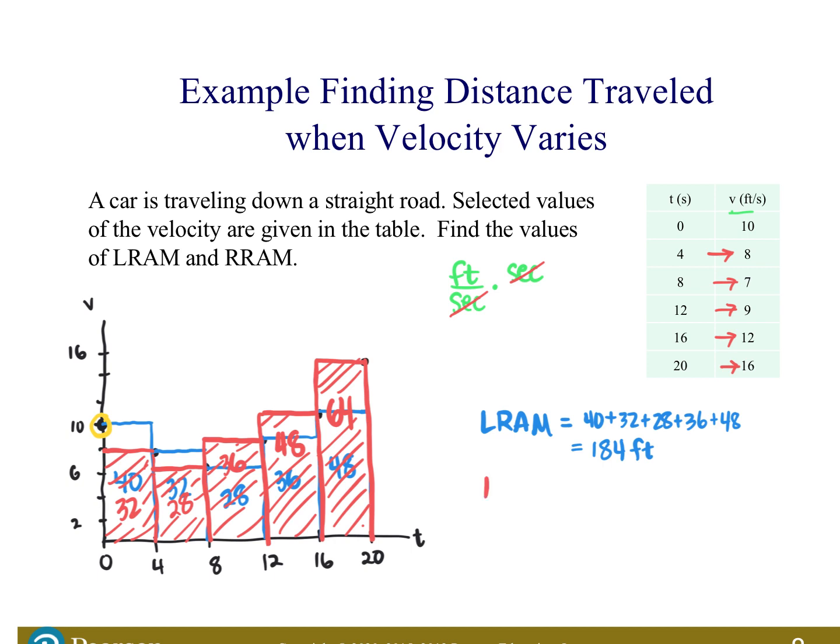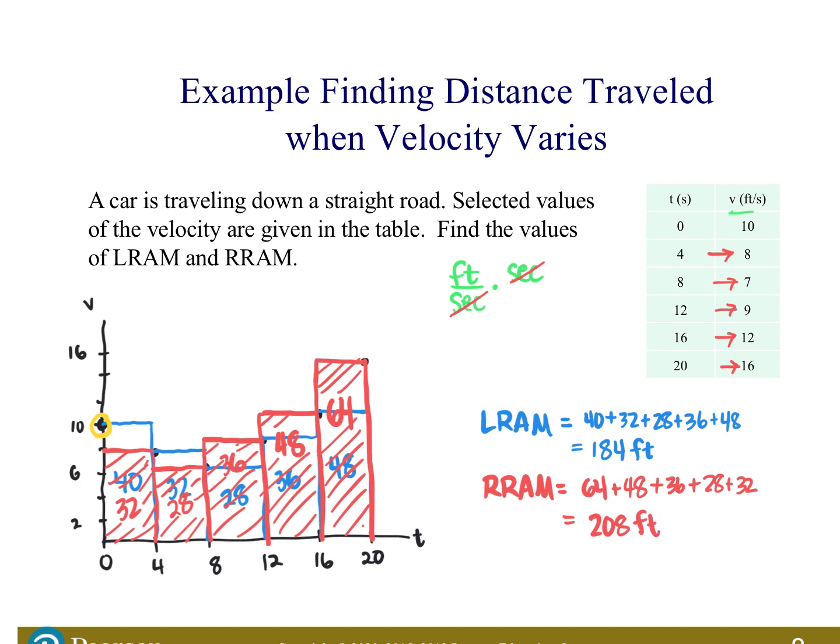So now I have an RRAM value. And again, I'm working right to left. So I had 64 was the biggest one, or the first one, and then 48, 36, 28, and 32. And this time I get a value of 208 feet.